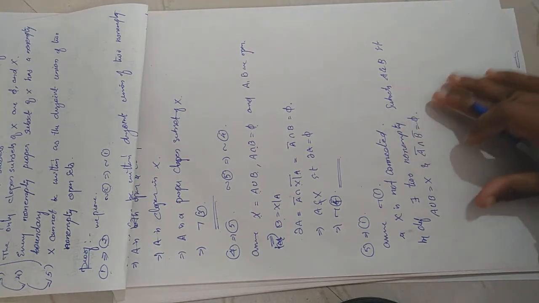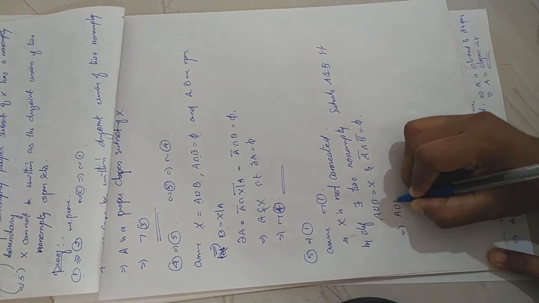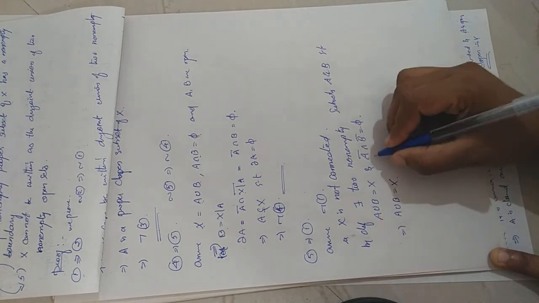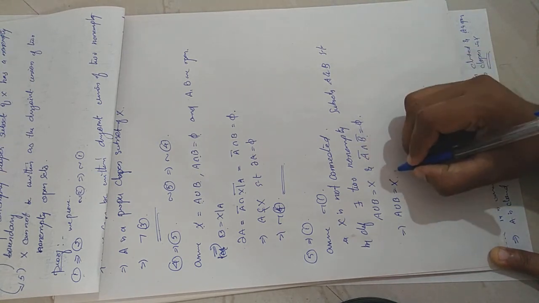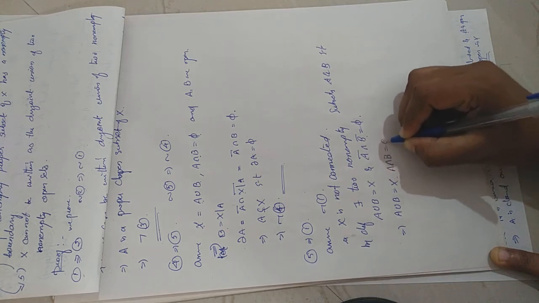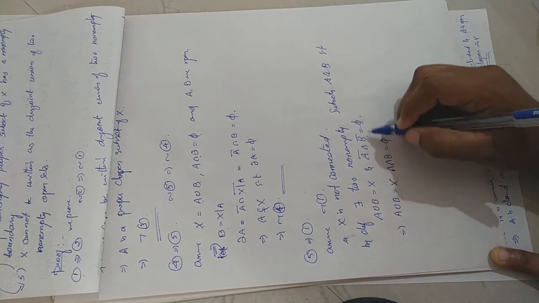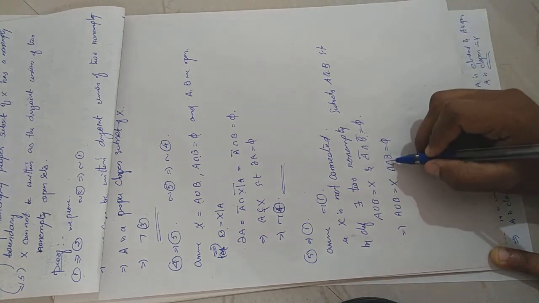This is by definition. A closure intersection B closure equal to empty means they are mutually separated, and mutually separated always implies mutually disjoint. Therefore, A intersection B will be empty.